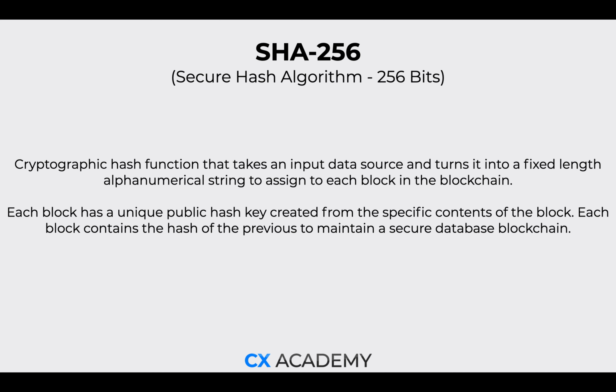Alphanumerical means numbers and letters, and it's fixed length as well. Each block has a unique public hash key created from the specific contents of the block, and each block contains the hash of the previous one to maintain the secure blockchain database.